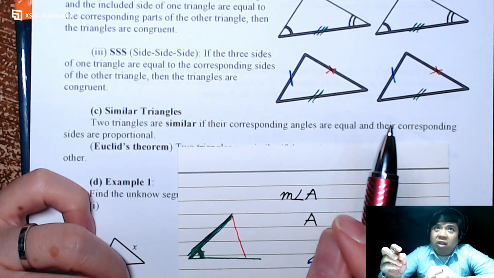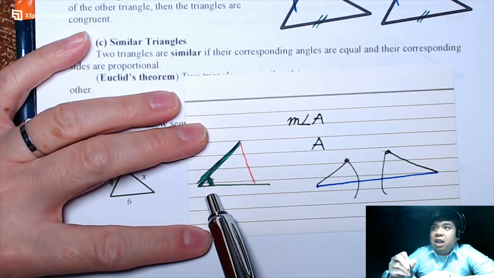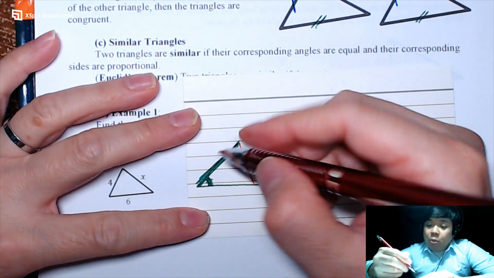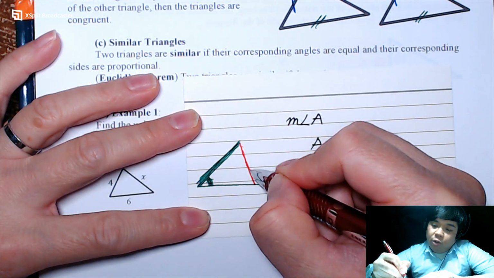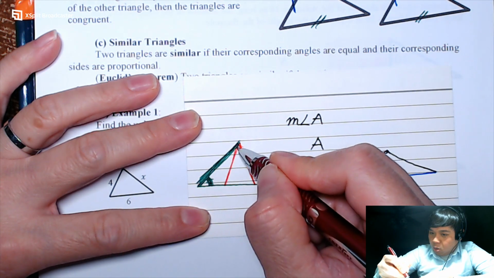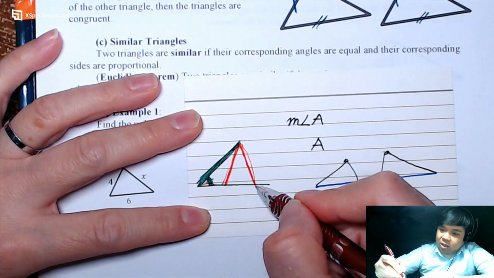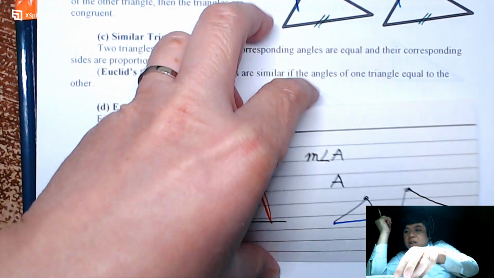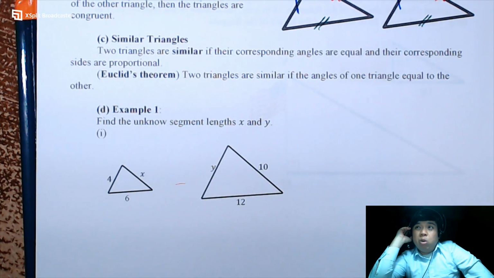Okay, I don't want to abbreviate that, I'm not going to write that down. But if we have an angle, a side, and then another side, we can form this triangle. But the third side can be this or also this. So we might have this triangle, or we have this triangle. So there are 2 scenarios. So angle, side, side will not form a congruent triangle. Okay, we'll revisit this in chapter 7.